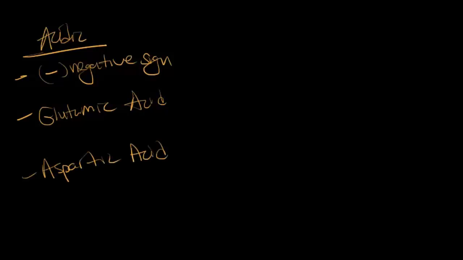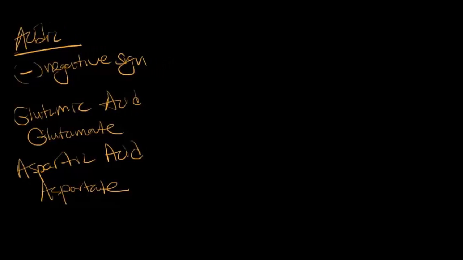These are easy because they have the word acid in their name, which tells you they're acidic, but they also both have their own second name. For glutamic acid, we have glutamate, and for aspartic acid, aspartate. If you see either of these two, we want you to know that they are acidic. Or if you see a negative sign, that's acidic.